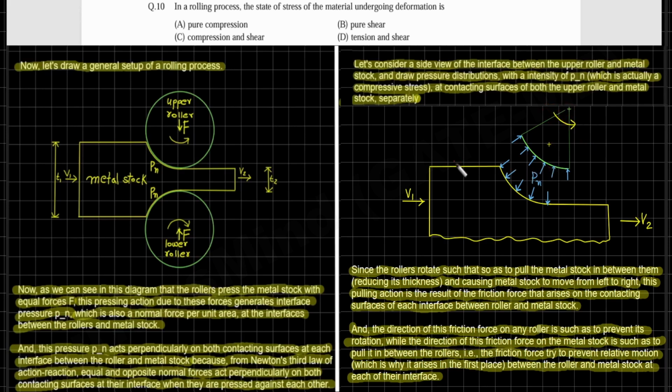On the other hand, the direction of the friction force on the metal stock at this interface should act in this direction, so that the metal stock gets pulled in between the rollers. Now let's move to the next page.